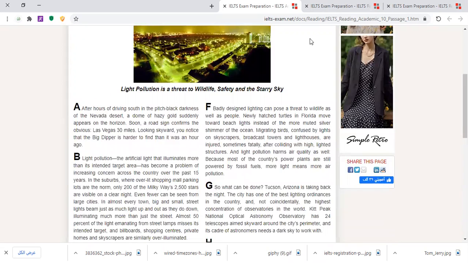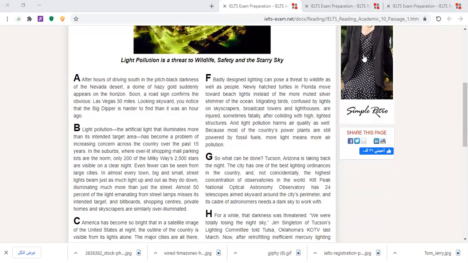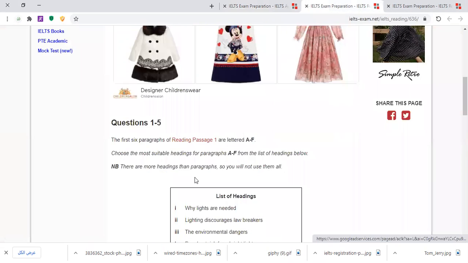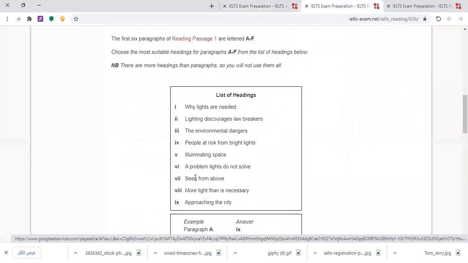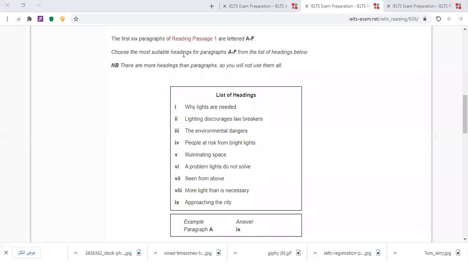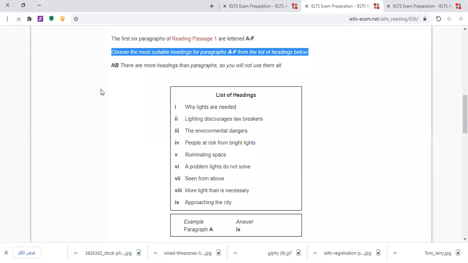I need you to do the skimming now. Skimming, searching for the main ideas for each paragraph. Before doing the skimming, let's look at the questions. What kind of question do I have? The first one, what is the question? I need someone to read it. Choose what? Just read the first question, please.